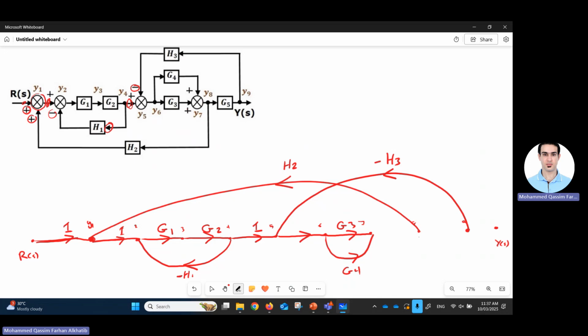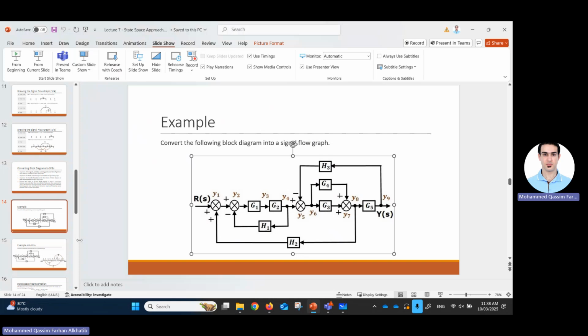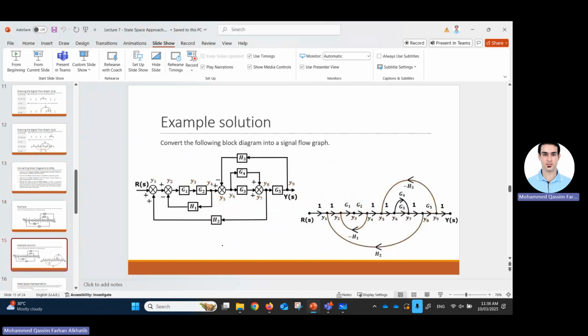And the output of Y7 will go to Y8. Gain is 1. Now the output of Y8 will go to Y9 with G5. And the last Y9, which is the same as YS, has a gain of 1. And that's it. If you want to compare this to the answer provided there, they look similar.